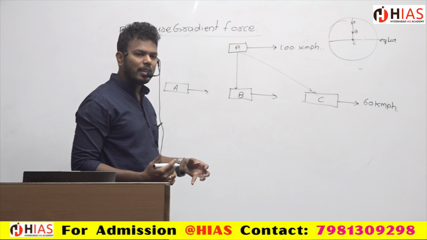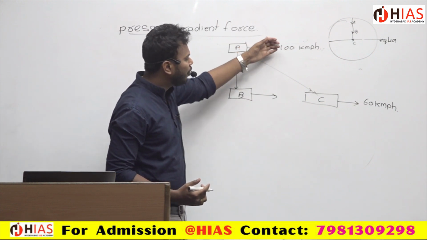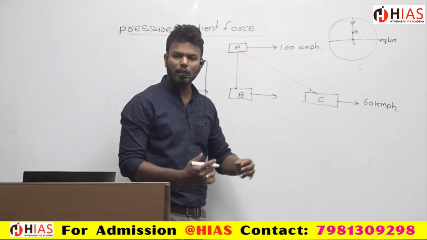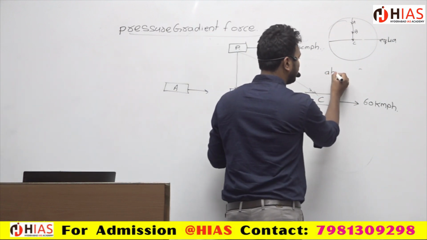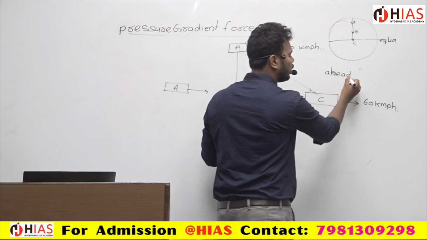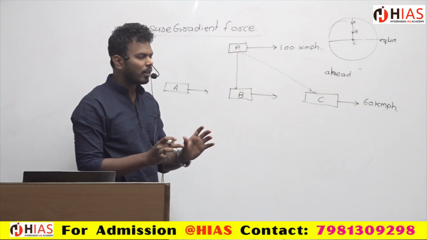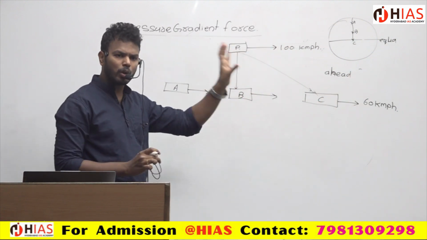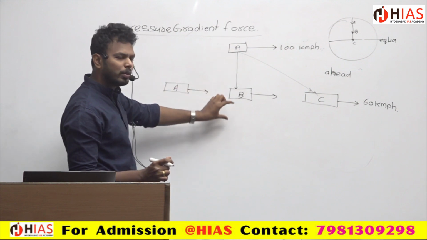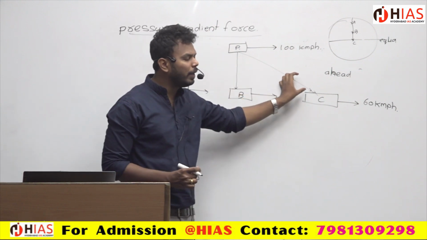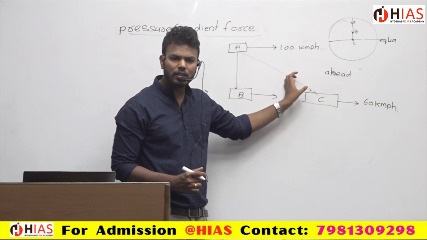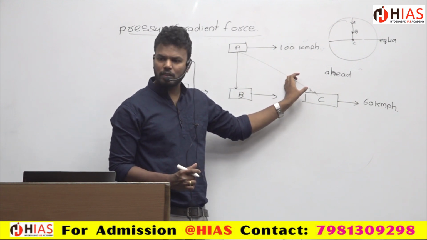Whenever anything is moving from the faster to slower, the apparent path will be ahead. Keep it in mind. Whenever any body tries to throw from the faster body to the slower body, the target is this one, but the deflection will be here. Why the deflection? Speed difference.